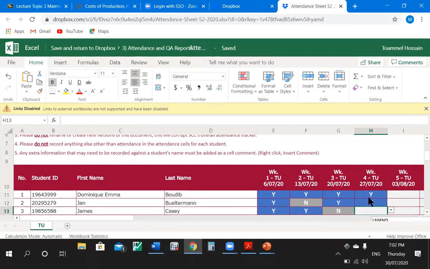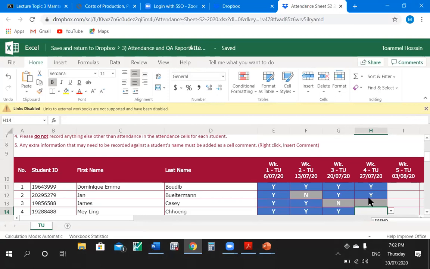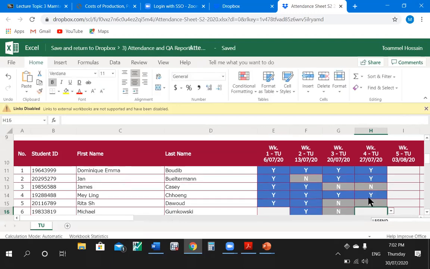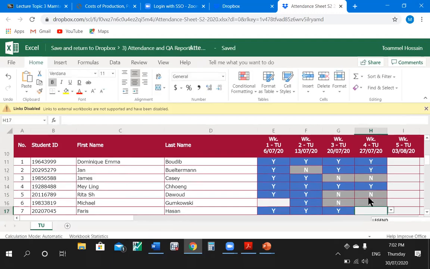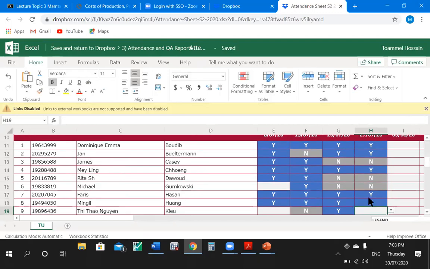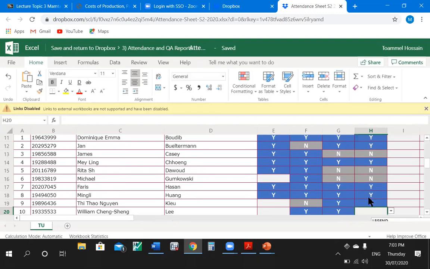James Casey, not here today, he's sick. Mei Cheong, yes, I'm here. Faris is here, I believe. Mingli Huang is here. If I miss any of you, let me know straight away. T, yes, I'm here. William just left.